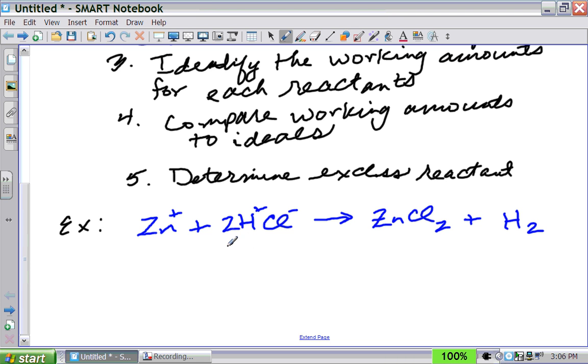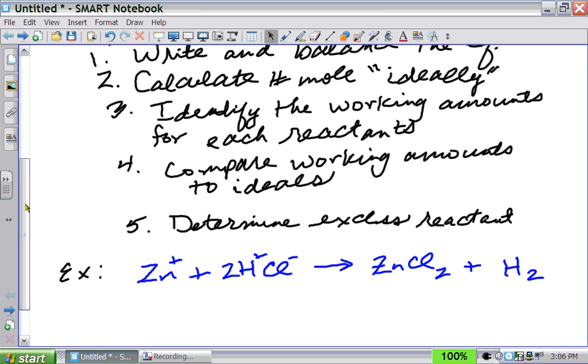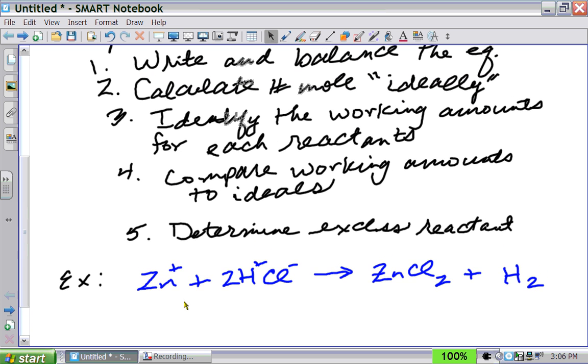Let's go back up for a moment. Okay, so we balance the equation. We are now going to calculate the ideal moles, and the ideal moles are 1 to 2 to 1 to 1.